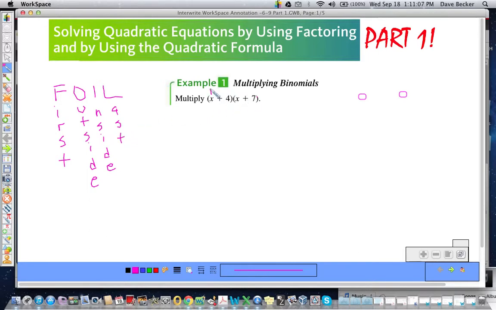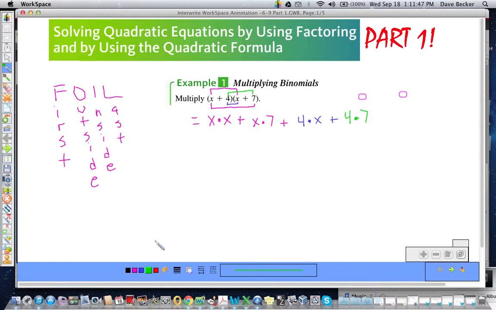So the first terms are going to be x times x. So this equals x times x plus the outside terms, x times 7, plus the product of the inside terms, 4 times x, plus the product of the last terms, which is 4 times 7.